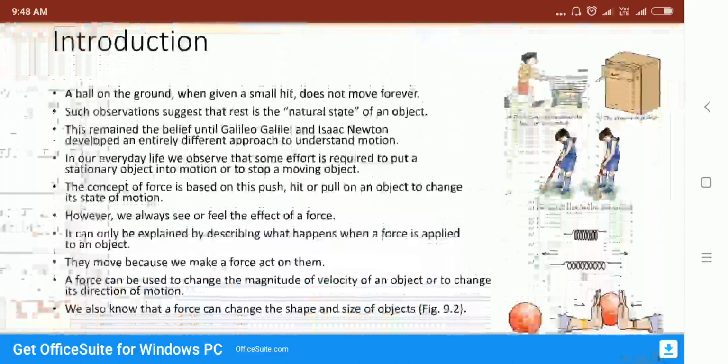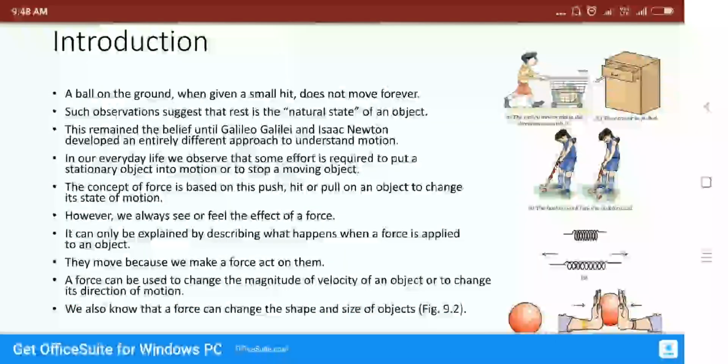Basically, while the object is in its original position, that is a rest condition. If it is not moving, we can say it is in the rest condition. While it is moving with constant velocity, that is a motion condition. Now, if the object is stationary and we need that object to be in motion, then we need to provide some force to it, right?